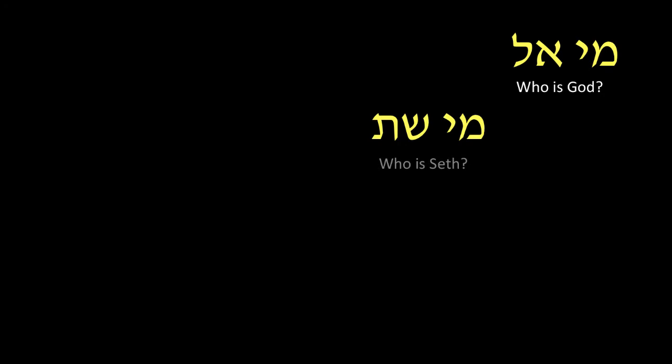Okay, so we had Mi'el, and what was that in English? Who is God? So let's see if you can translate this. You pause the video and think about it. And it's, who is Seth? Okay, you want to try another one? Translate that and pause the video.